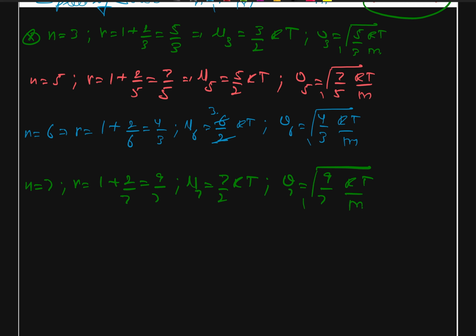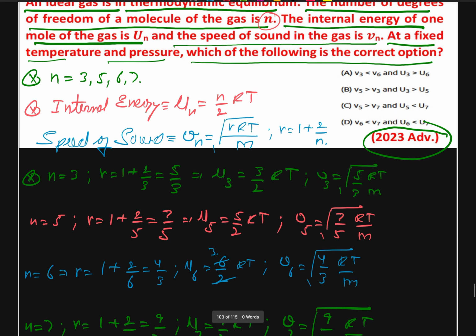So U of 6 will be equal to 3 RT. First of all, let's make a comparison of our energy.